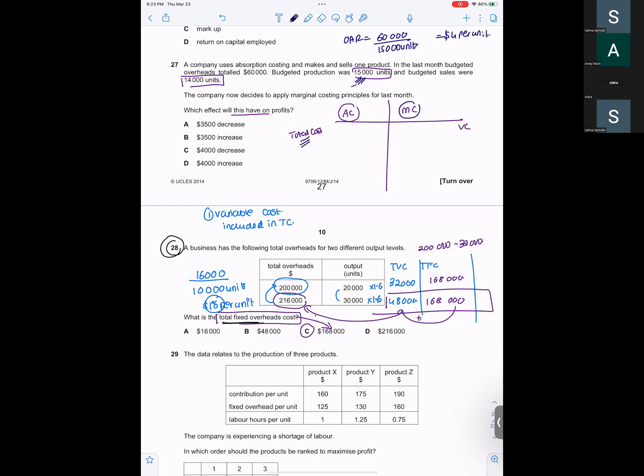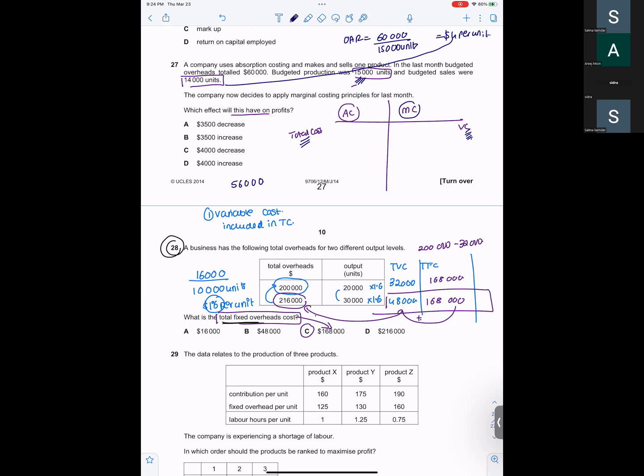Absorption costing takes total cost into consideration, and marginal costing takes variable cost into consideration. I multiplied 4 with 14,000 units to get the actual, so 56,000.